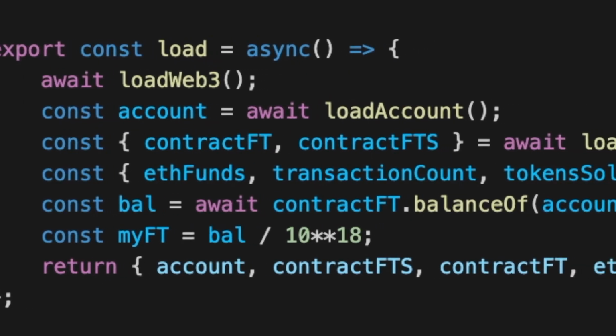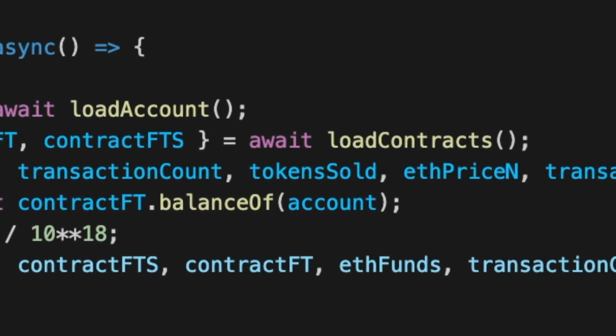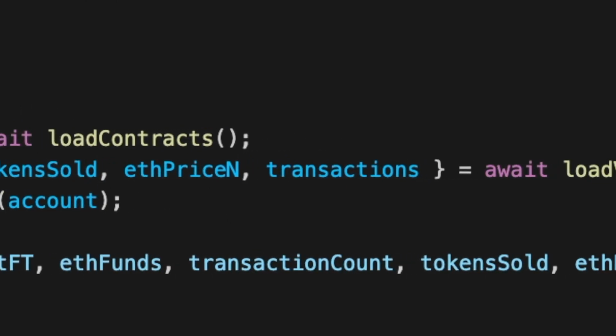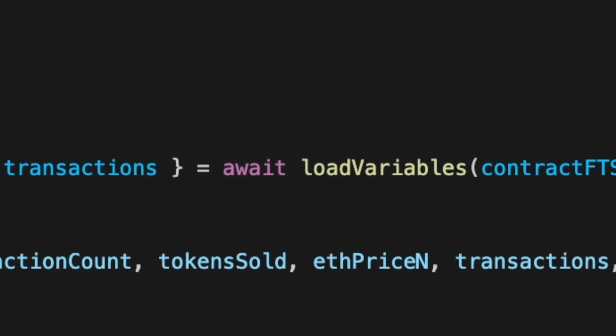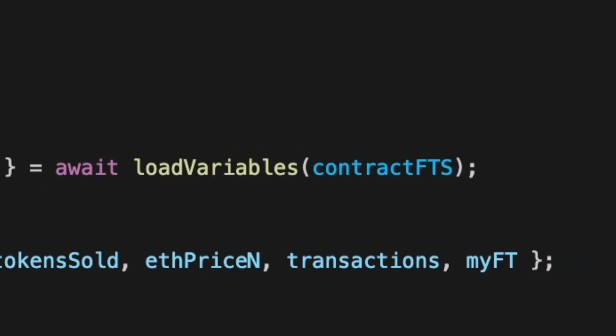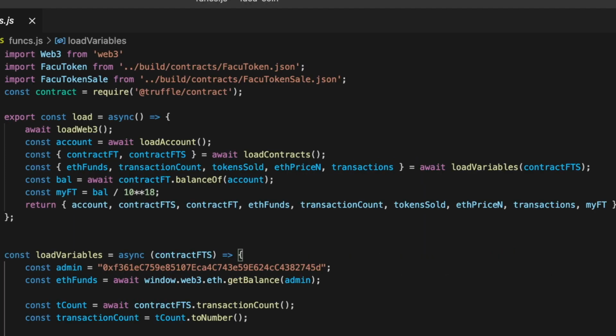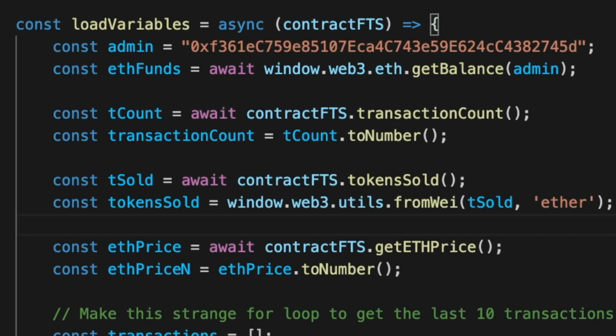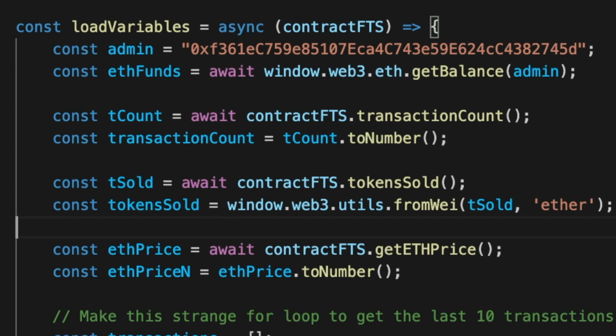Once we have the instance of our smart contracts, we have to get all the data that we need. The loadVariables function will receive the contract sale token and will return an object that contains all the data from the smart contract. First, we get the amount of ETH that we have in our fund wallet.